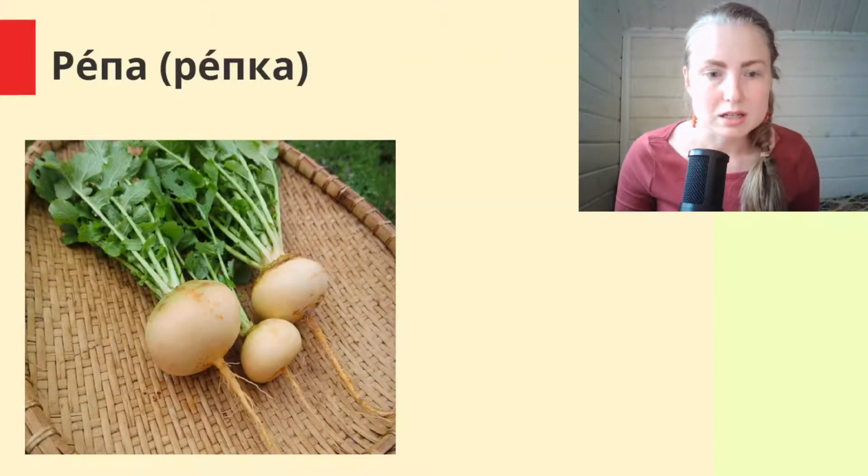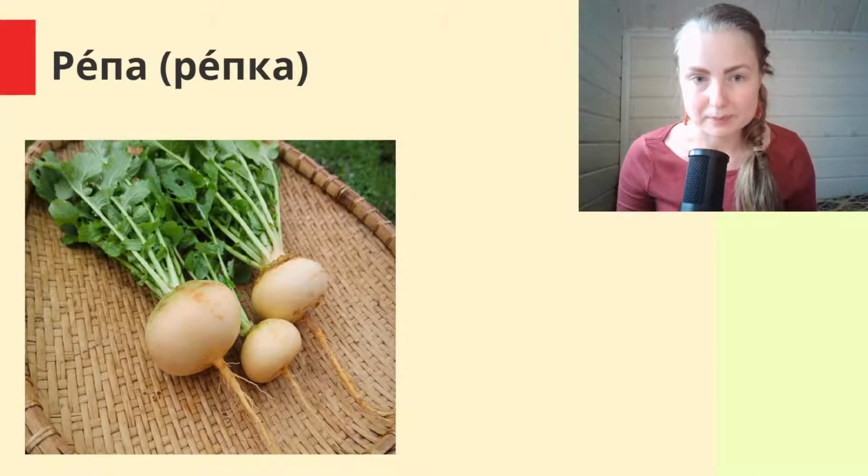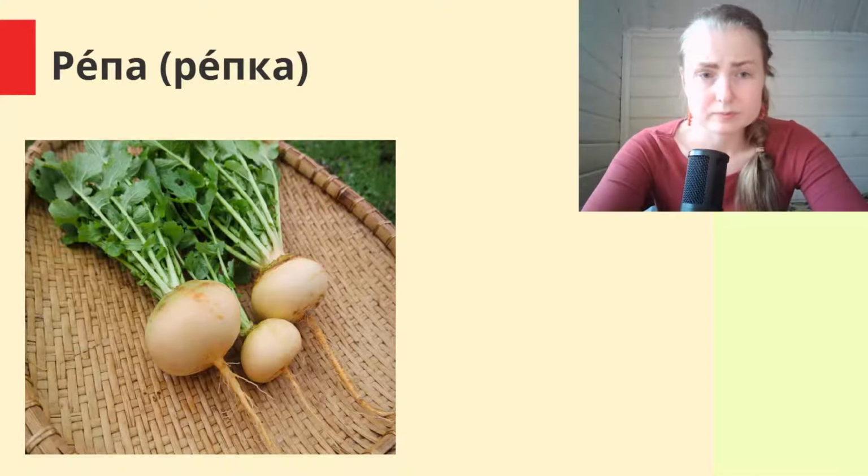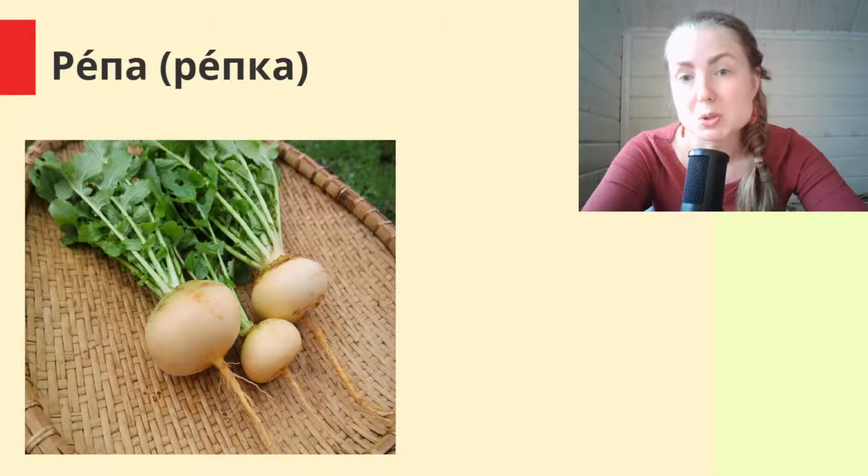Next word is репа, and in brackets репка. Репа in English means turnip. What's the difference between the two words? Репа is the neutral word for everyday communication, and we use it everywhere, in the shops, in the supermarkets, or at home.